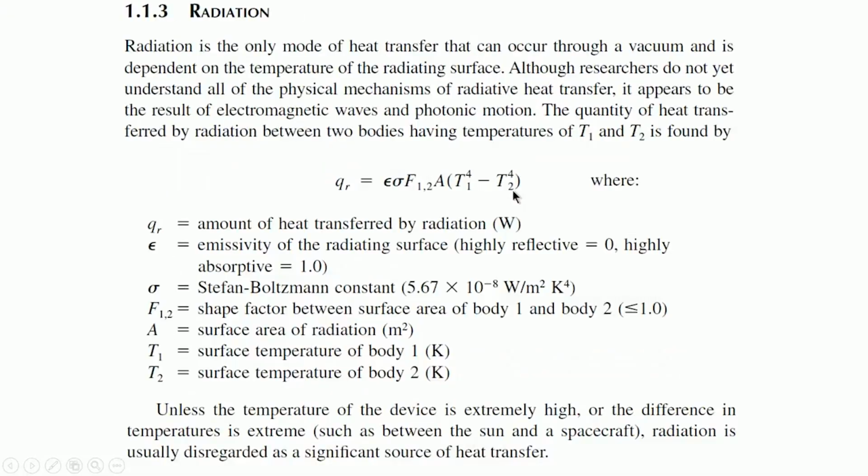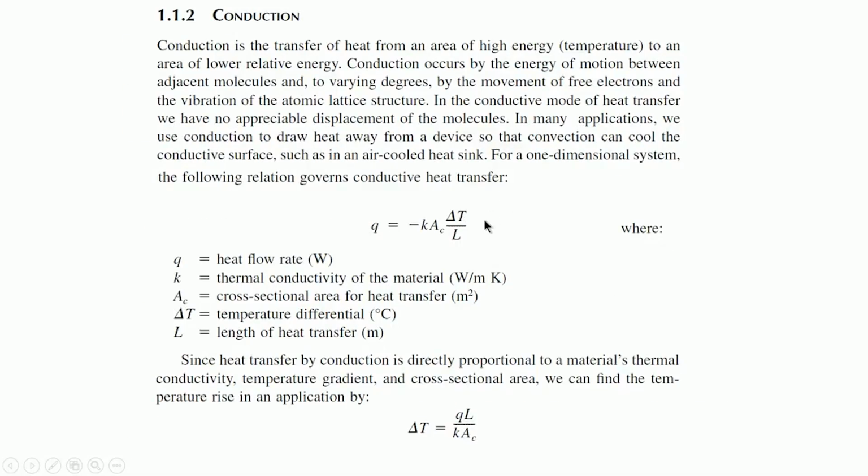For a one dimensional system, the following relation governs conductive heat transfer, which I have already told you about. Heat flow rate in watts is proportional to the temperature differential divided by all these things. Cross sectional area of heat transfer, temperature differential, length of heat transfer.